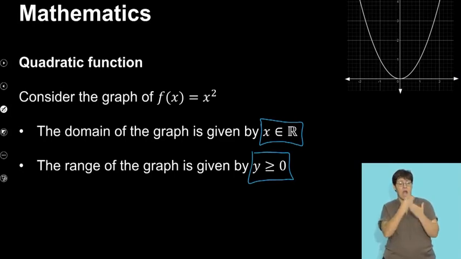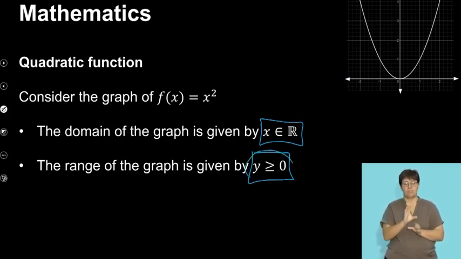So it means all the output values are, number 1, greater than 0, meaning they are positive. Number 2, they also include the 0 itself. So I will say the range is y is greater or equal to 0. This simply means that 0 is part of the y values, and then anything else that is positive will also be part of the y values.